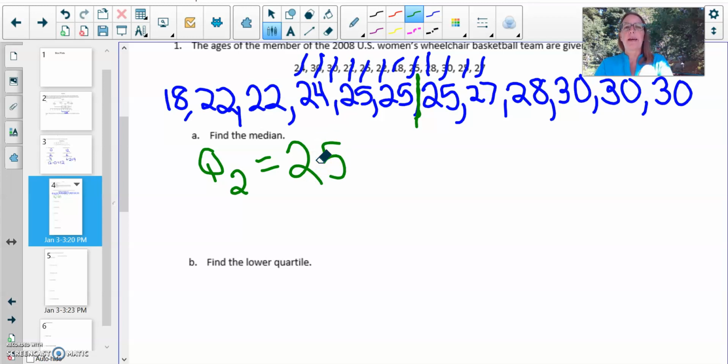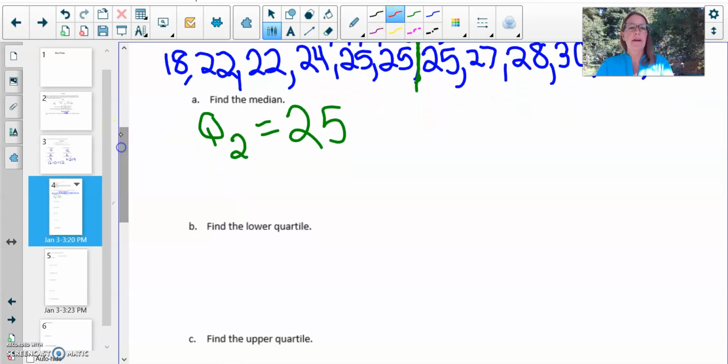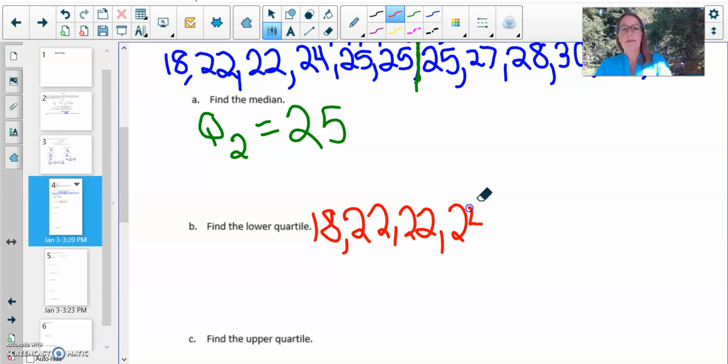Okay, my lower quartile. Now I'm going to look at the lower half of the data below the median, and I'm going to rewrite it so I can see it. I have 18, 22, 22, 24, 25, and 25. And now I find the median of that data set. There are 6 values in it.